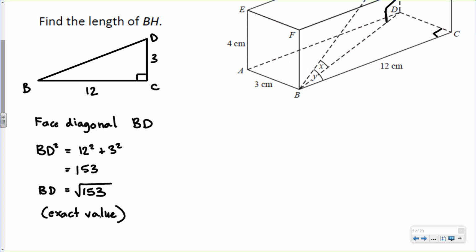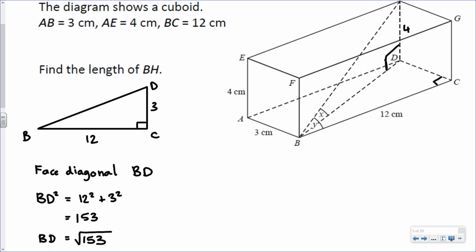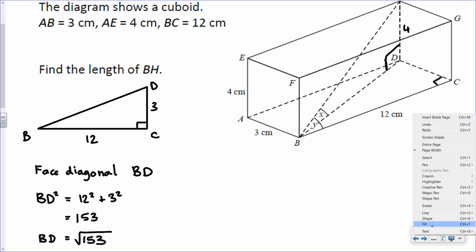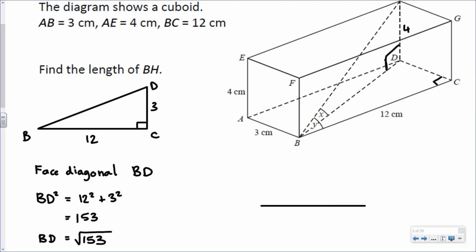I'm then going to use this exact value in my next triangle. So if I just scroll back here, now I have the length B to D. I'm going to now use that to help me in this larger right angled triangle, which is going through the space of the cuboid. So let me just draw out that larger triangle, and then we'll put in the measurements.